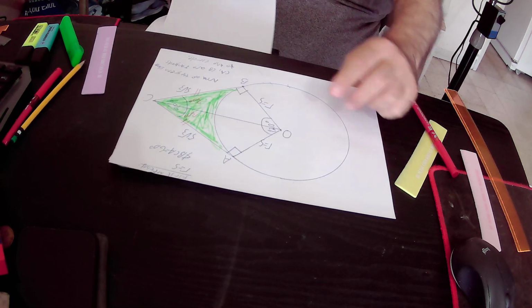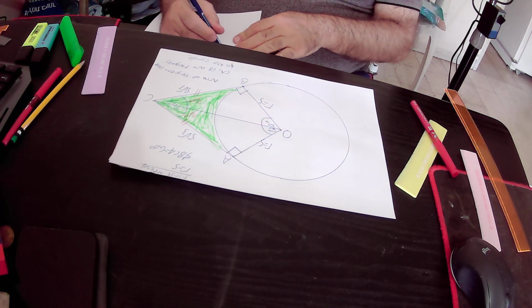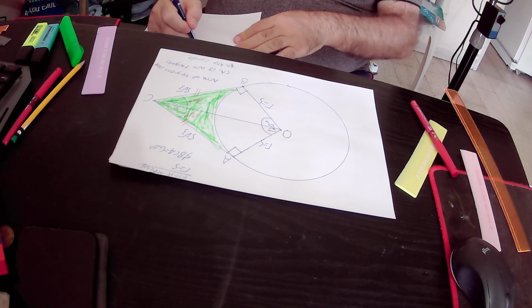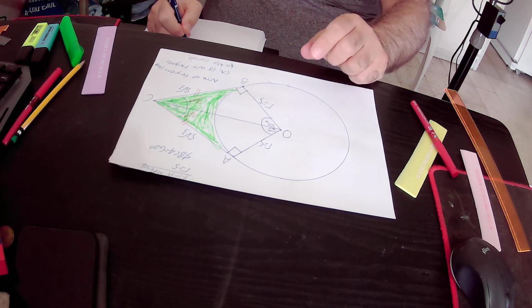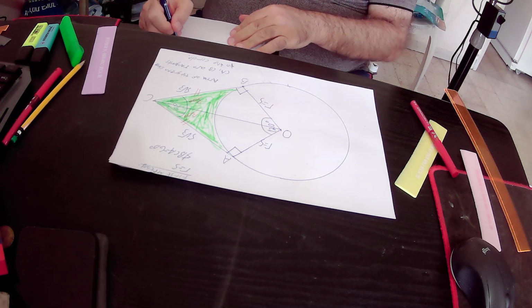The area of this sector ABO will be equal to the area of the circle, that is pi r square, times 120 degrees over 360 degrees.